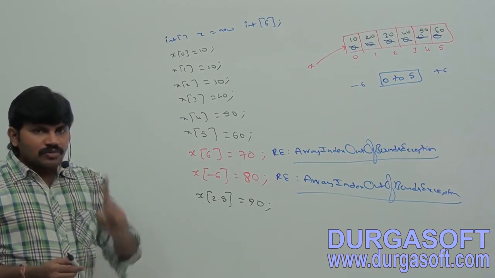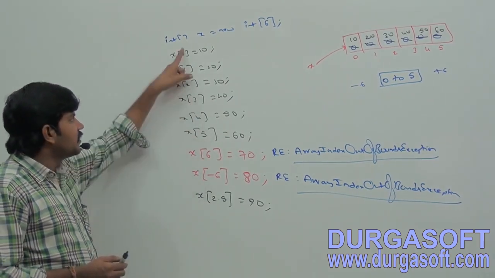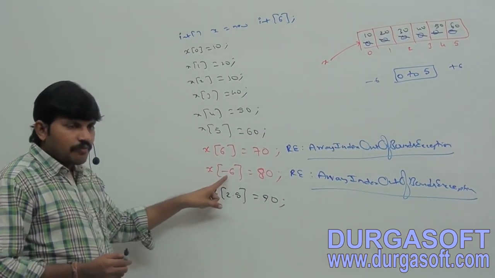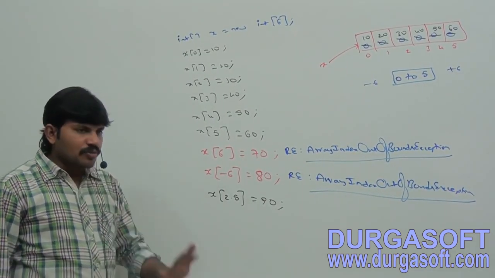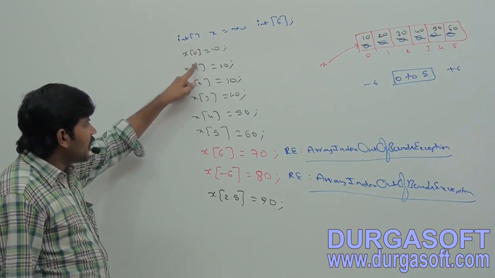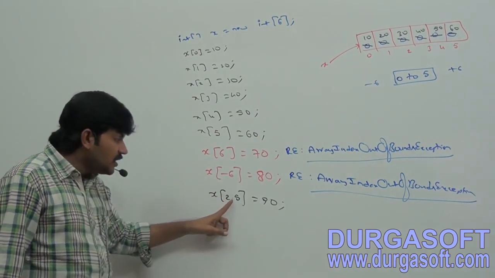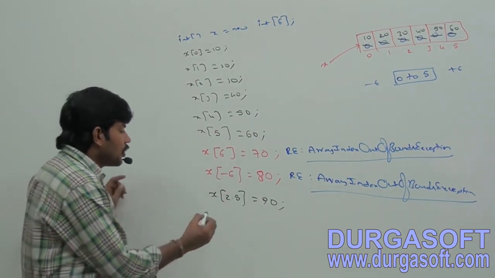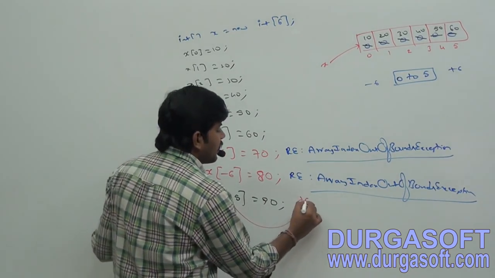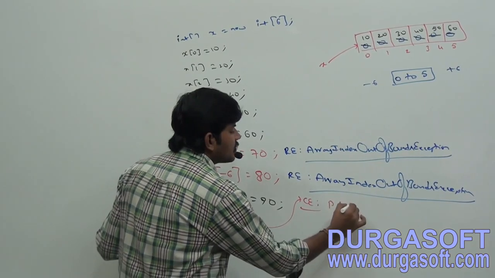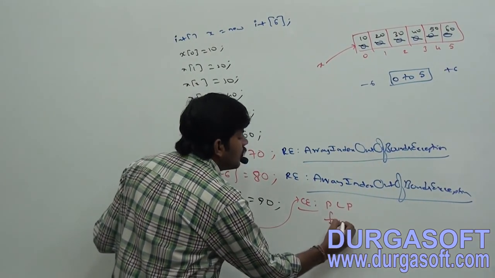Sir, the compiler is always going to check whether it is a valid int value or not. Plus or minus, within the range, out of range, my JVM is going to take care. Is it a valid int value or not? No. Immediately, you are going to get a compile time error saying possible loss of precision.